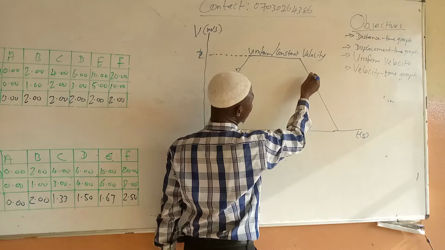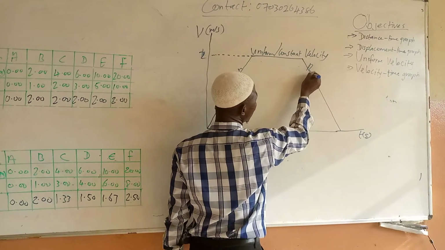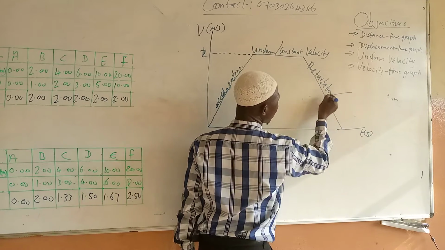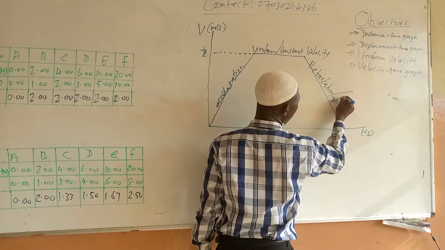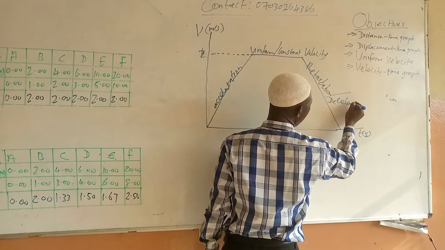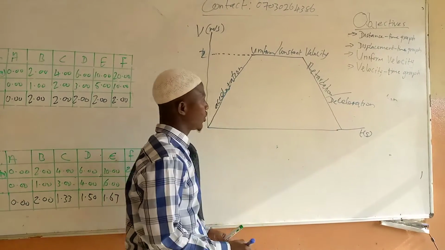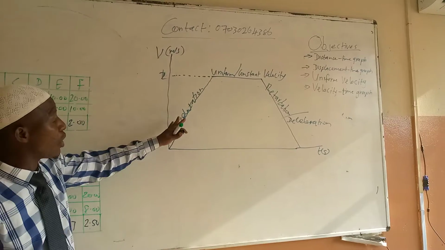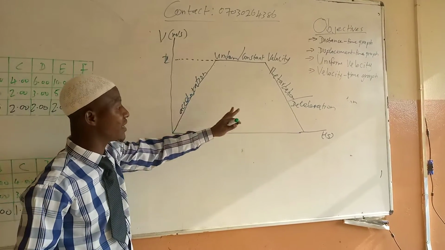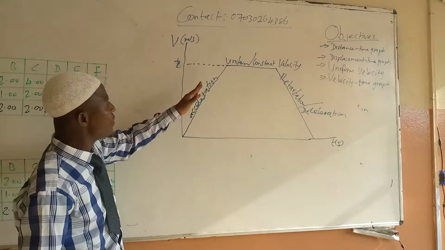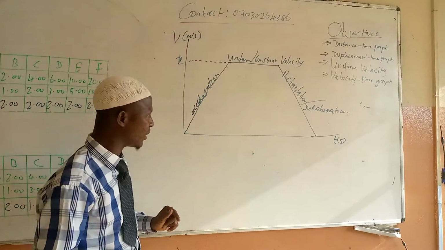Then this place is called retardation or deceleration. So these are the 3 major parts of velocity time graph. Now, when a body moves with uniform velocity, what happens to that?